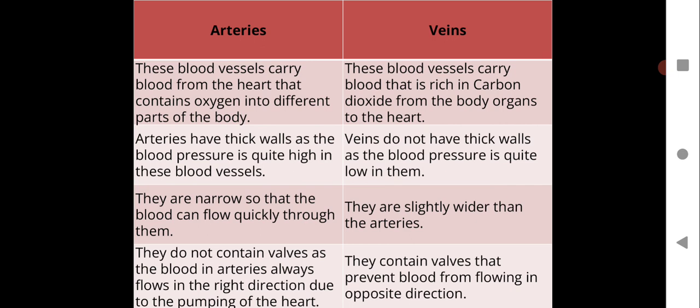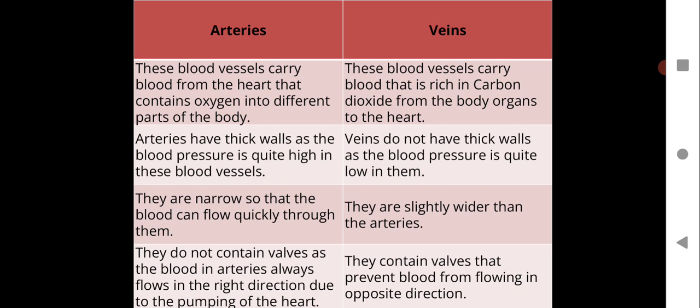Arteries do not contain valves, as the blood in arteries always flows in the right direction due to the pumping of the heart. So they will not have any valves which regulate opening and closing. That system is not there in arteries, because the blood always flows in the right direction due to the pumping of the heart.